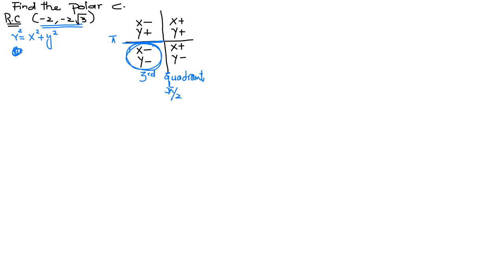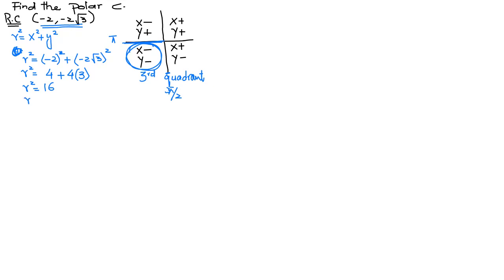So substitute the values. r square becomes (-2) whole square plus (-2 square root of 3) whole square. So r square becomes 4 plus 4 times 3, since square root of 3 squared is 3. So 12 plus 4 is 16.